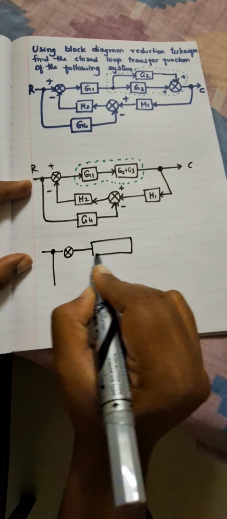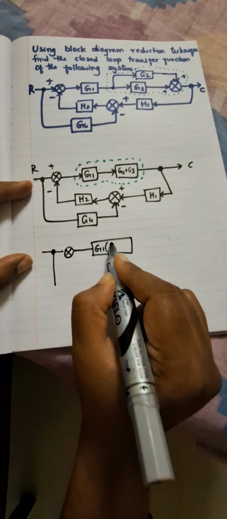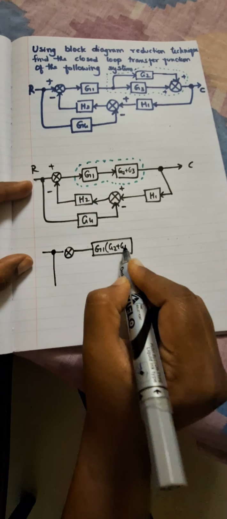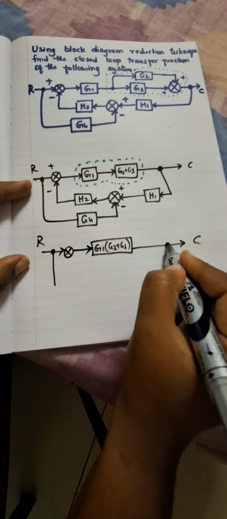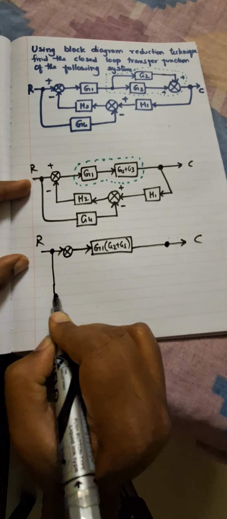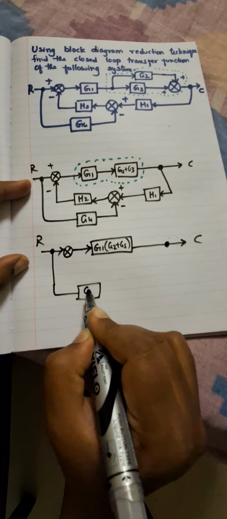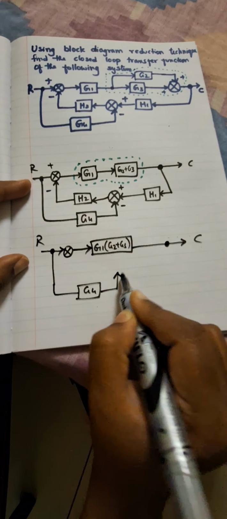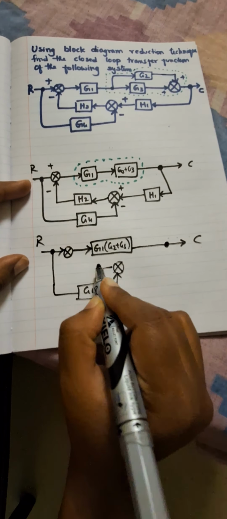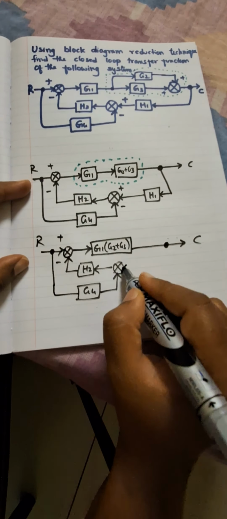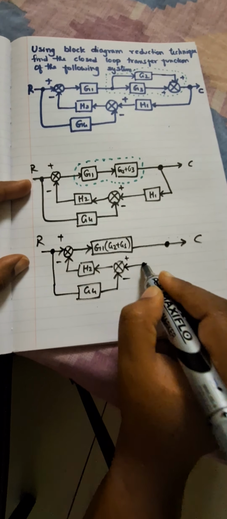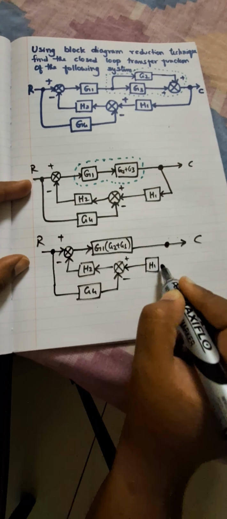So this will be G1 into G2 plus G3, with C and R. This is G4 going to a summation, and the summation has a feedback H2 with positive and negative signs. Here we have H1.